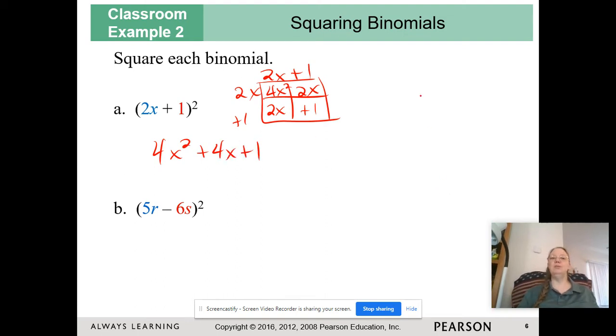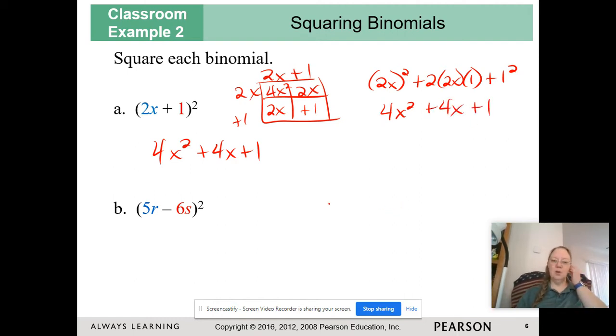If we were to do it using the formula, we would have 2x squared, 2 of my 2x times my 1, and I've got 1 squared. Be careful. This is one of the reasons why students get it wrong, because when they square this 2x, they tell me it's 2x squared, and in fact it's 4x squared. When we multiply these out, we've got 4x plus 1. Notice we get the same answer.